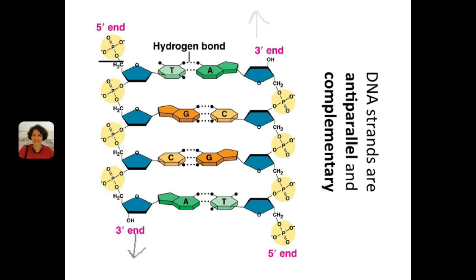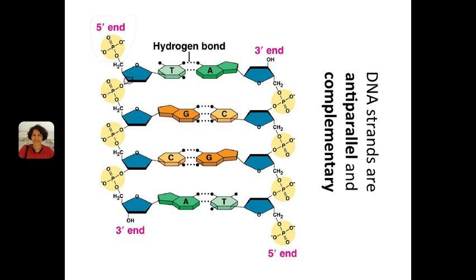Another thing is that each nucleotide will have a 5' end and a 3' end. The 5' end of a given nucleotide is at the phosphate, and the 3' end is at the deoxyribose. In every DNA molecule, you're going to have one free 5' and one free 3' end.